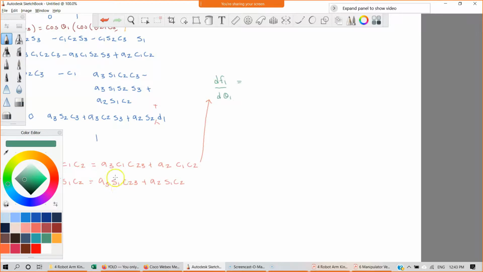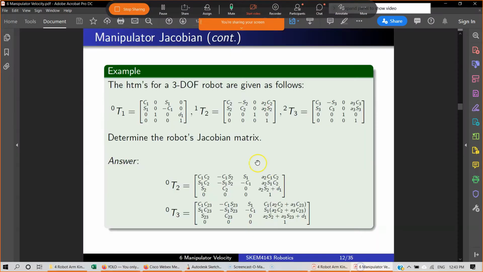So what is this? This is a3, cos becomes sine, right? Sine 1. This part remains, minus a2 sine theta 1 cos theta 2. Let's quickly check with the answer.